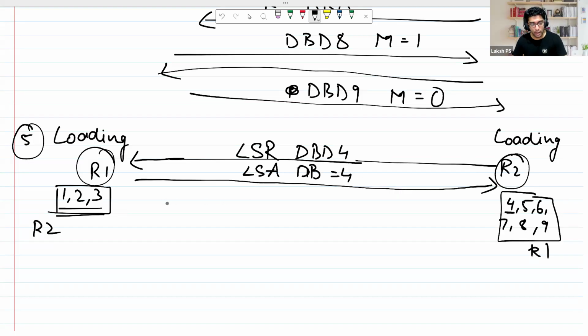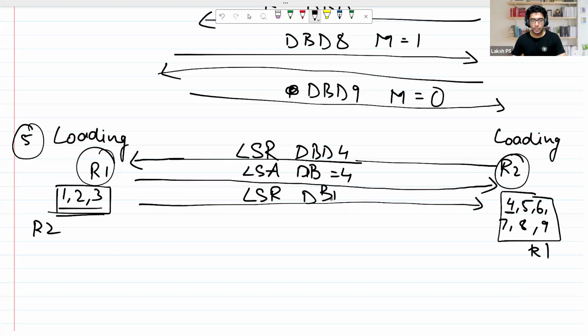Now here, R1 can also request; the master-slave is only till the exchange state. Now in the loading state, R1 can also send a link state request for DBD number 1, 2, and 3.